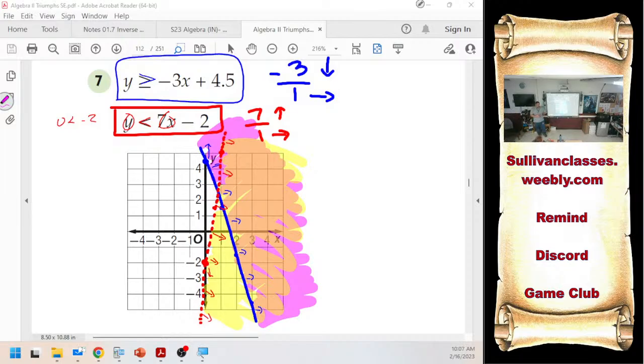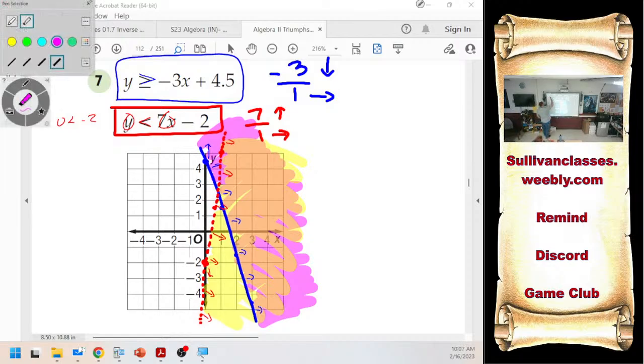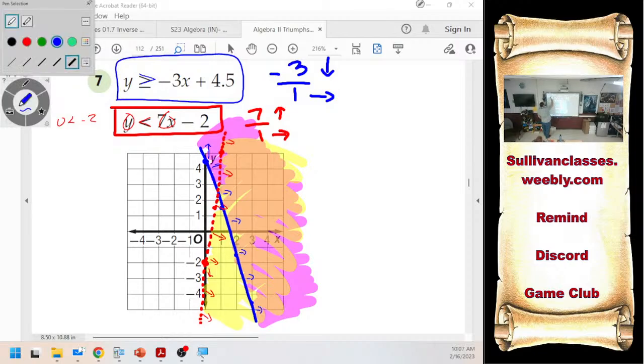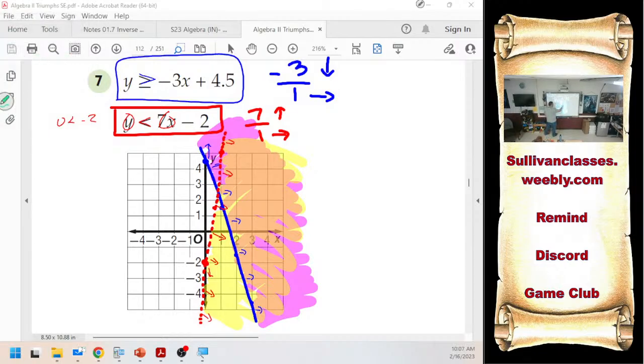It's where they overlap, and then someone's going to come along and just like murder hobo their board or their paper. You're going to get that kid who comes along now and does this.